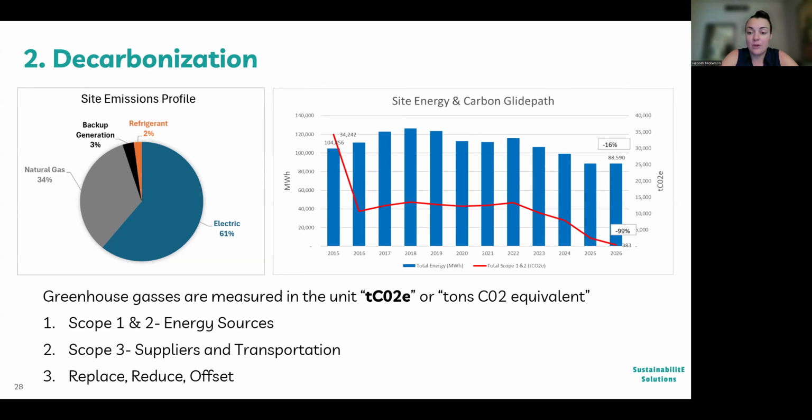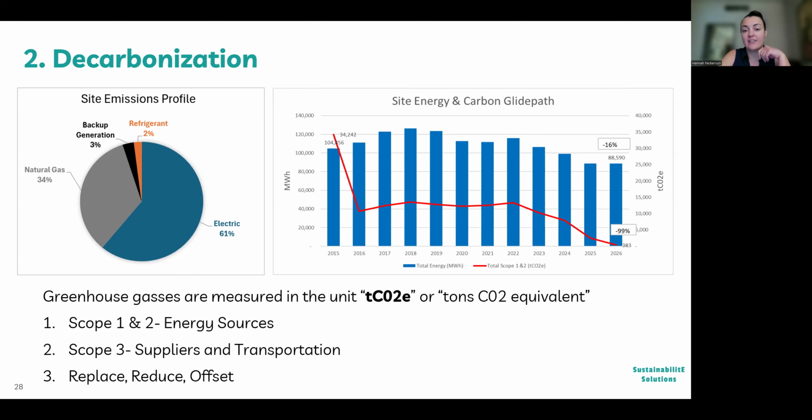And then we have the greenhouse gas footprint. So in 2016, you see a massive drop in those greenhouse gases. What could have caused that? Well, you see that electric was over half of the total footprint.